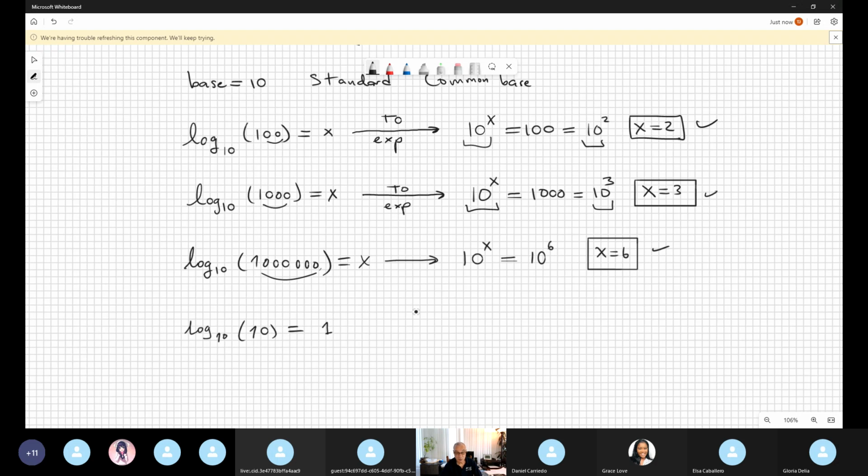And this is a super important property. So the logarithm of any base where the number inside the argument coincides with the base is 1. Example, logarithm of base 3 of 3 is 1. Logarithm of base 5 of 5 is 1. Do you understand this idea?